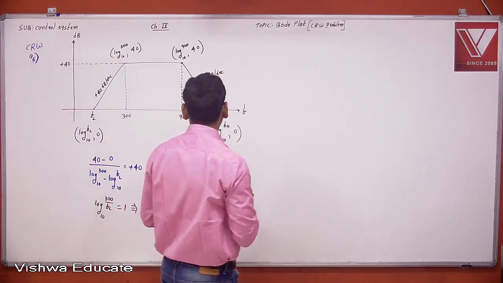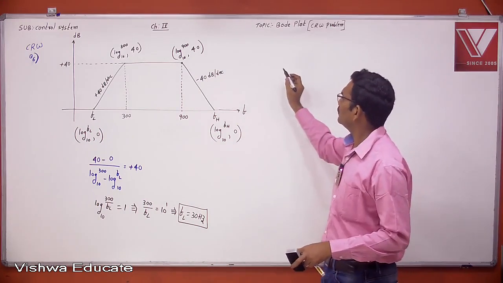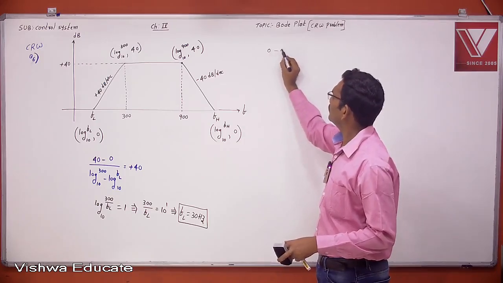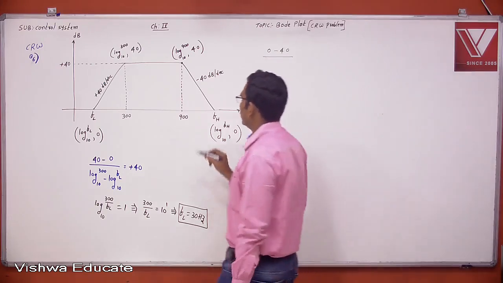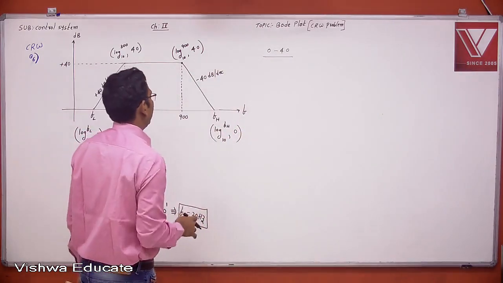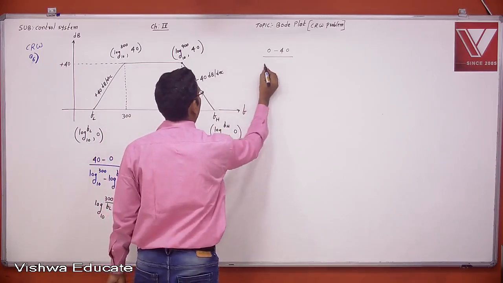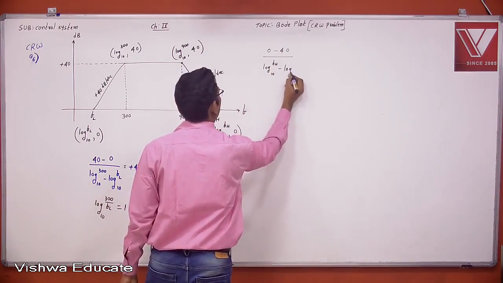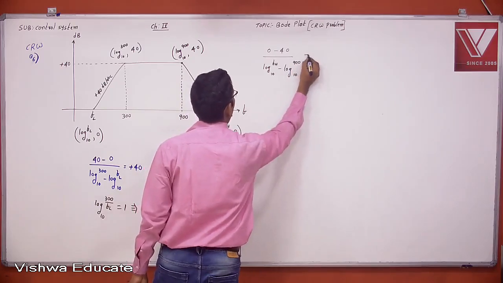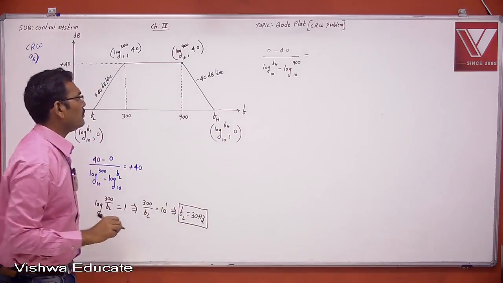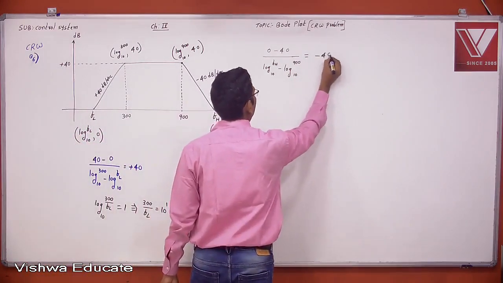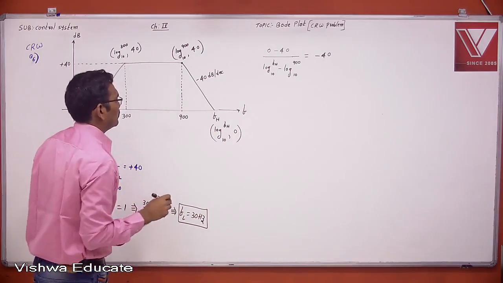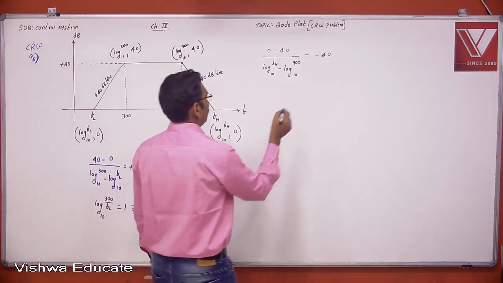Therefore, if you find the slope: y2 minus y1 by x2 minus x1, that is 0 minus 40 by log FH base 10 minus log 900 base 10, which is equal to minus 40 dB per decade.